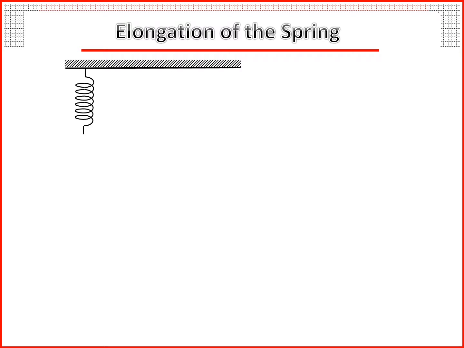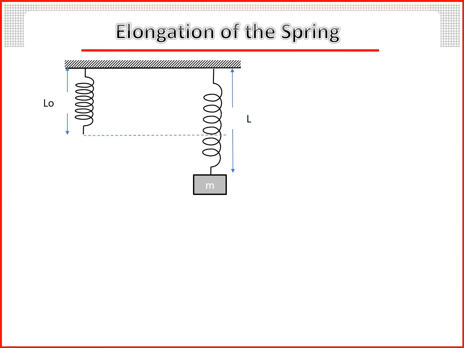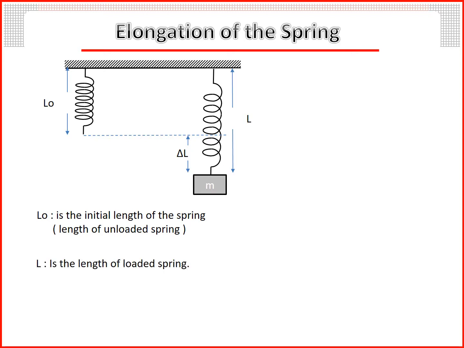Elongation of the spring. Consider the spring. The initial length of the spring is L0, which is the length of the unloaded spring. If we suspend a load of mass M from the free end of the spring, as shown in the figure, the spring elongates and its length becomes L, and the elongation of the spring is delta L. Then, L0 is the initial length of the spring, the length of the unloaded spring.